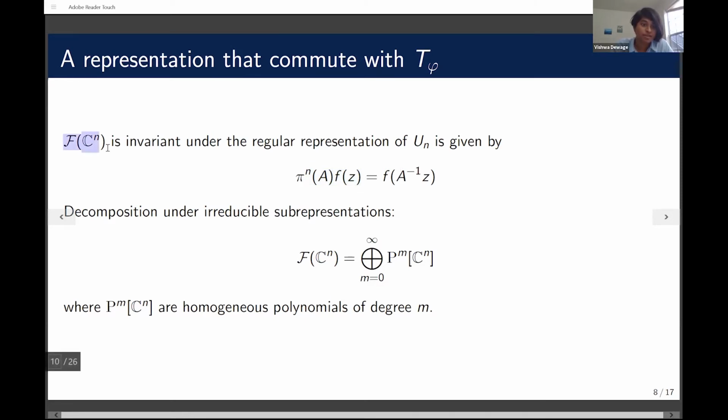The Fock space is invariant under the regular representation, but the representation is reducible, and we can decompose the Fock space under irreducible subrepresentations by this direct sum. And here, P_m(C^n) are just homogeneous polynomials of degree m.